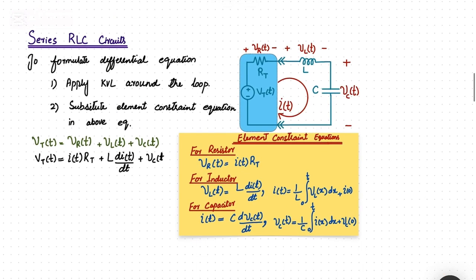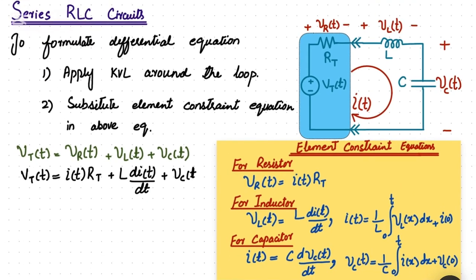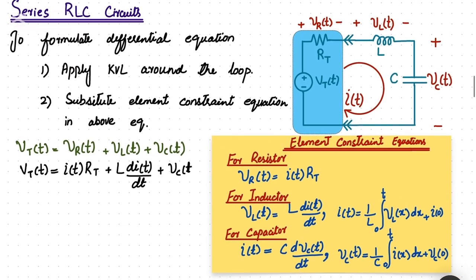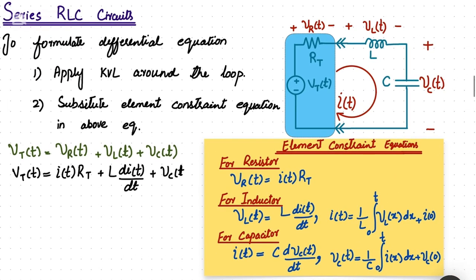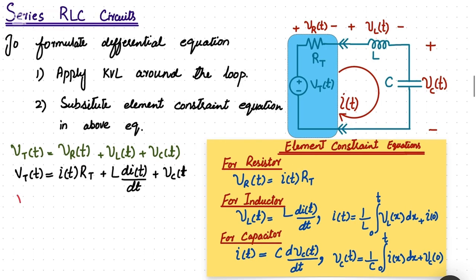So let's write Vt of t equal to R, this is a constant coefficient, into C dVc by dt, plus L times the derivative of I of t.